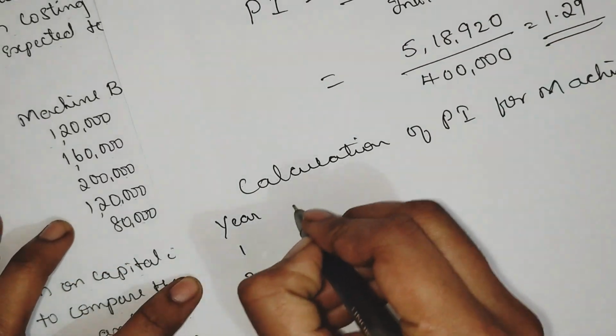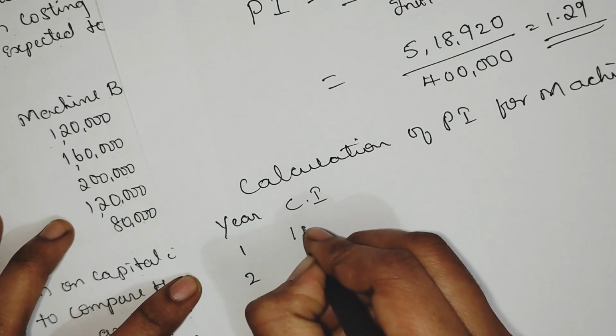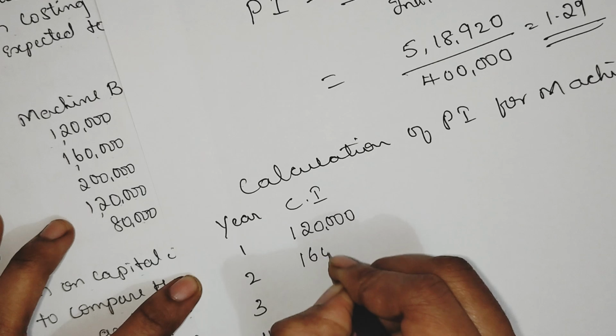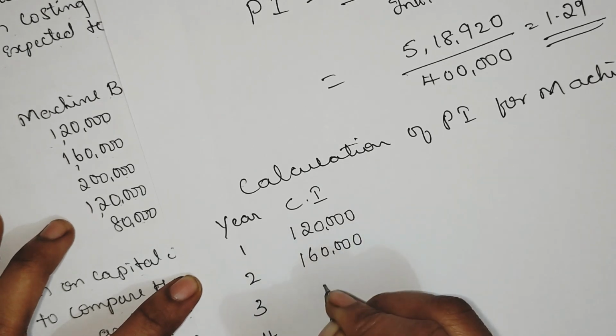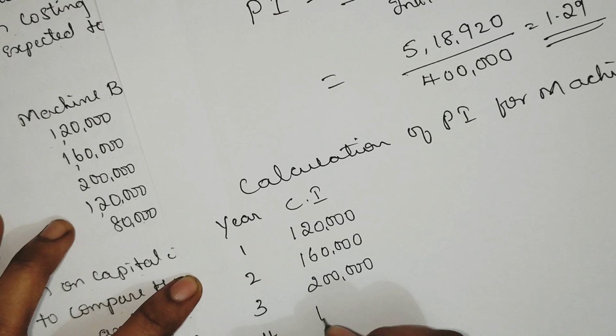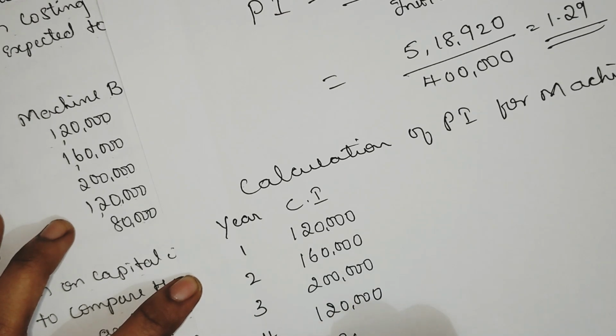The cash inflow is 1,20,000, 1,60,000, 2 lakh, 1,20,000, 80,000.